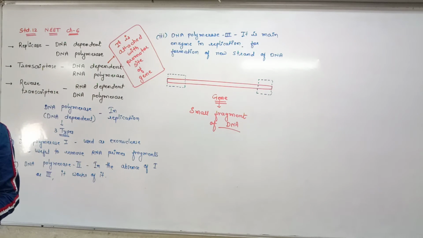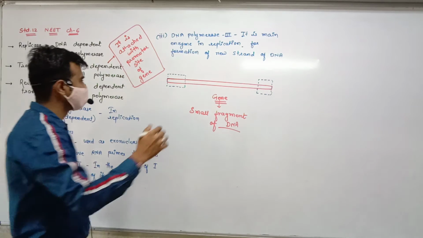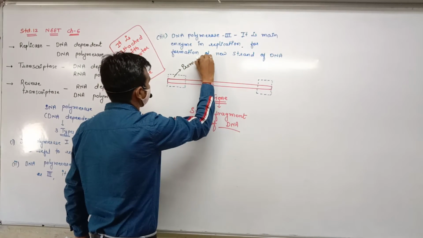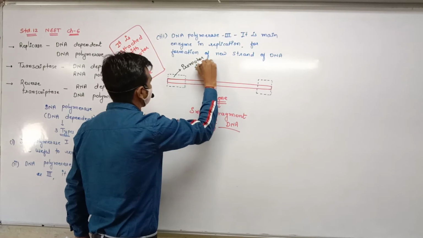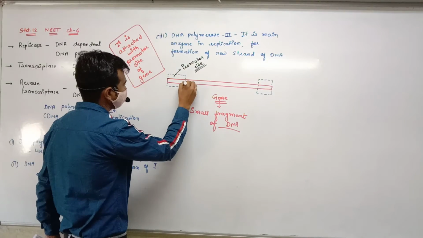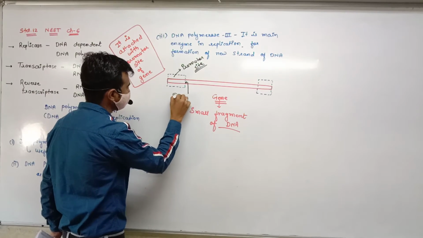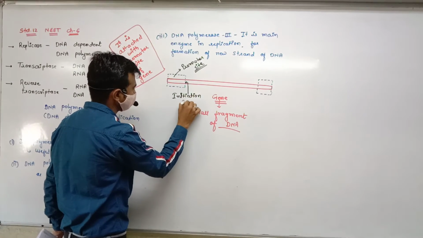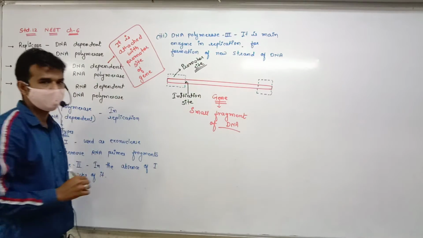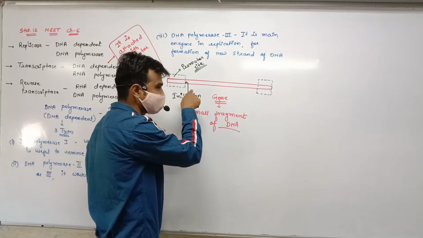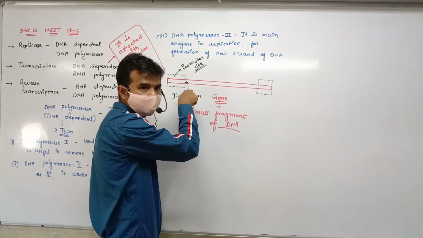Actually, I have shown 2 regions, but actually there are 4 regions. This is known as the promoter site, the initiation site. From here RNA synthesis starts.